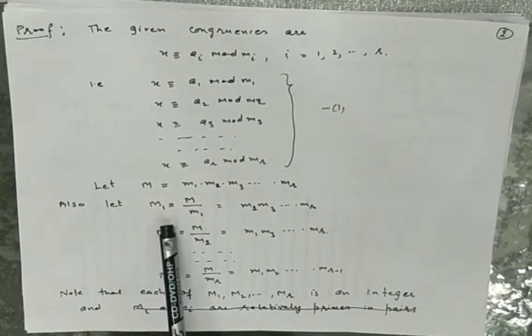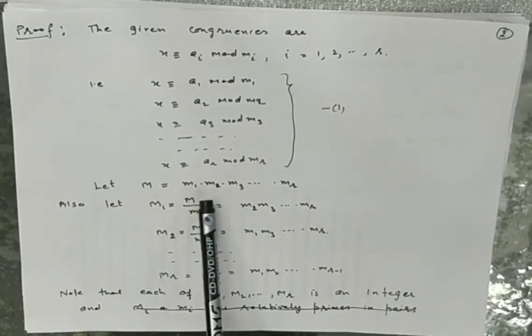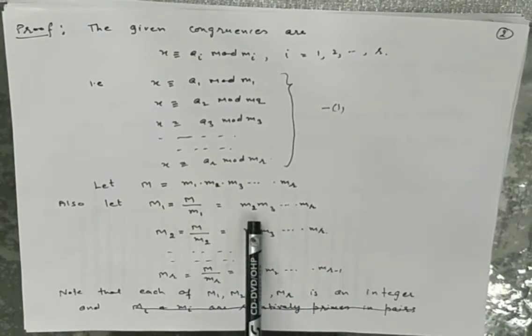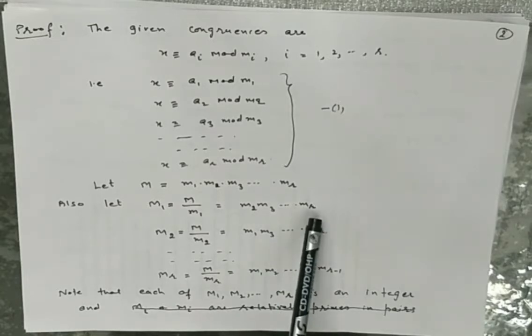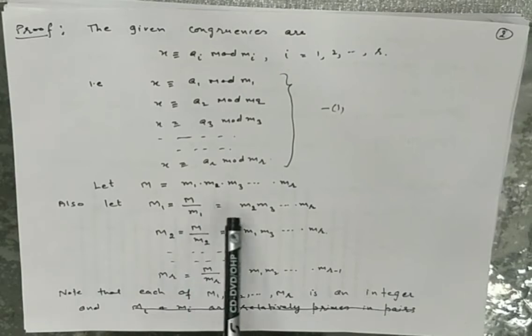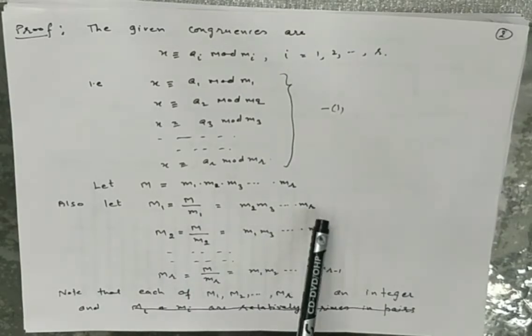Also let capital M1 be equal to M over m1, that is, it is equal to the product of m2, m3, and so on up to mr. That means in capital M1, small m1 is missing.